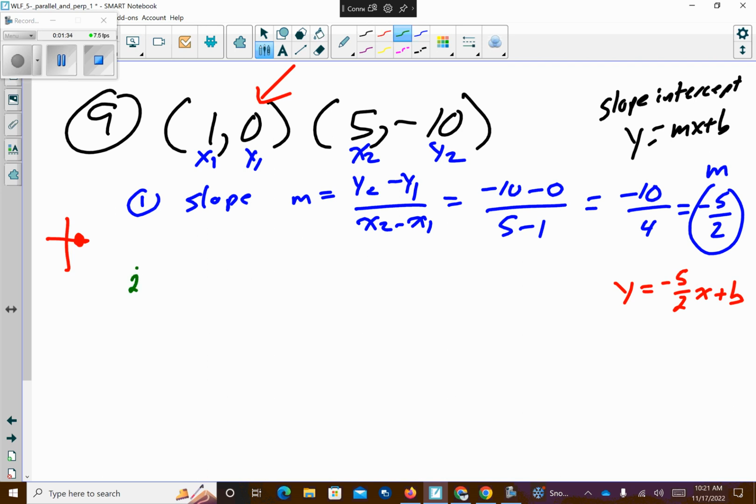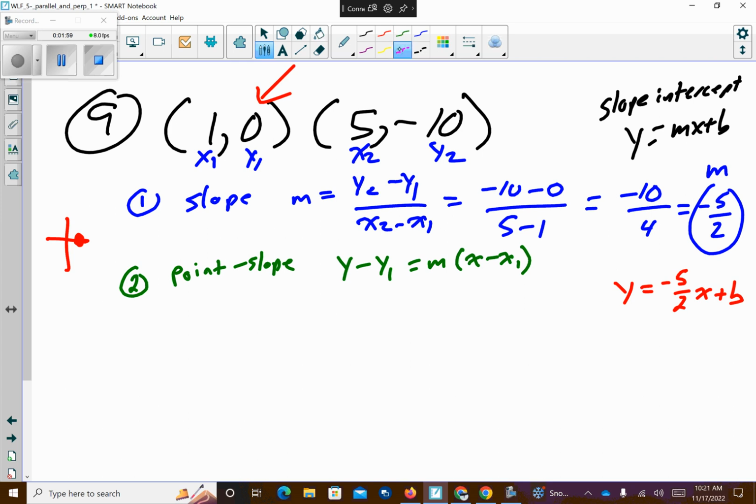So I think we're going to have to use point-slope.